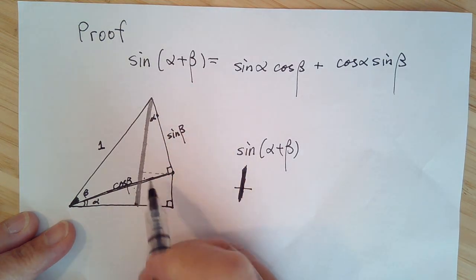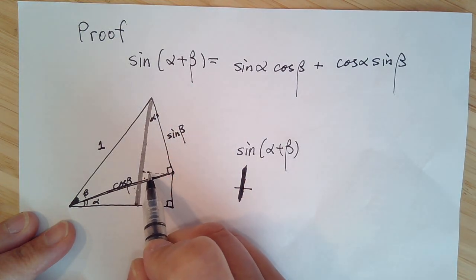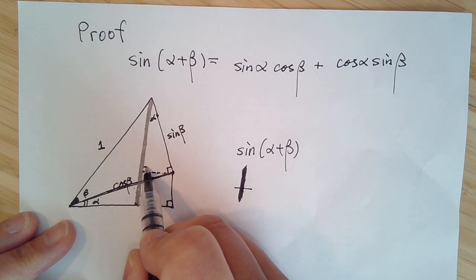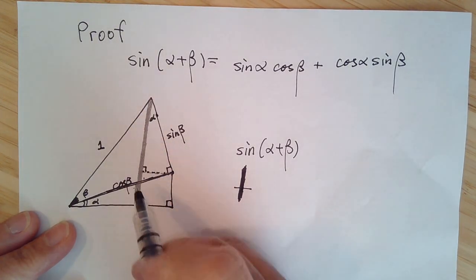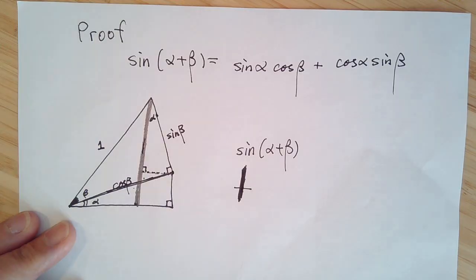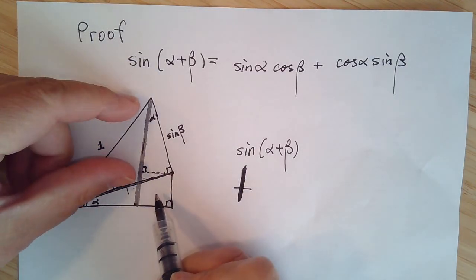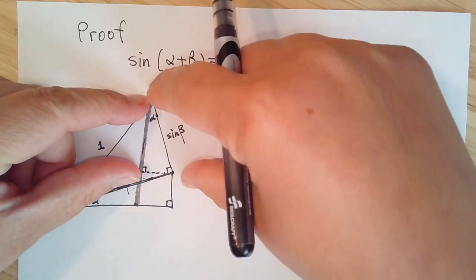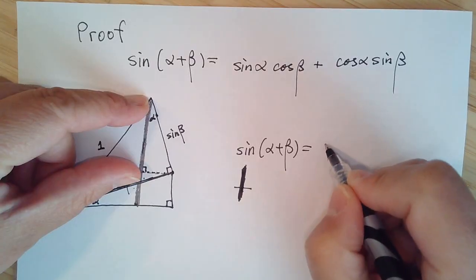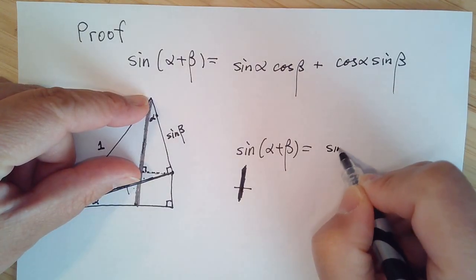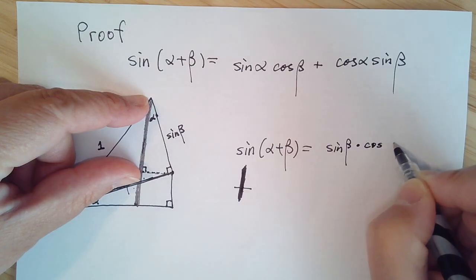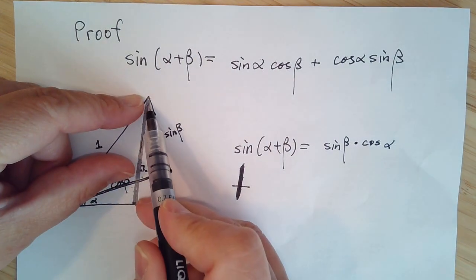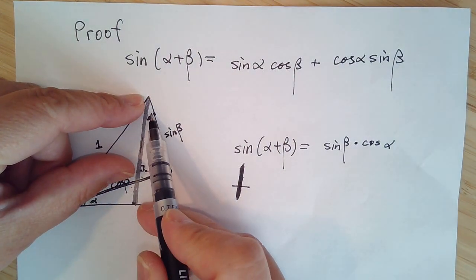And what is part 1? Did you notice that I drew a line here, which is perpendicular to this thick line? So what is this length? This length should be sine beta times cosine alpha, because that was the hypotenuse multiplied by cosine alpha.